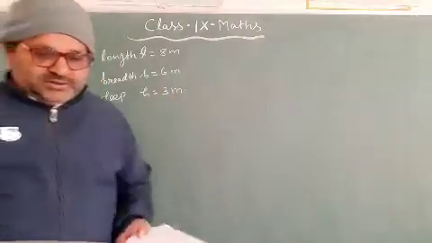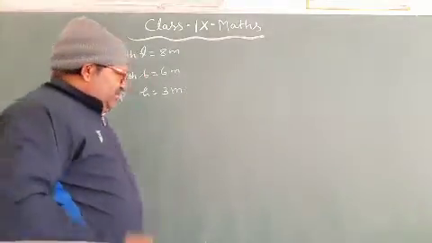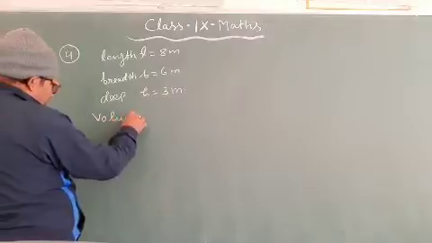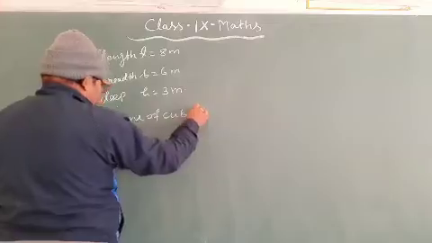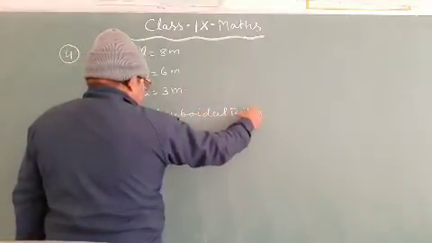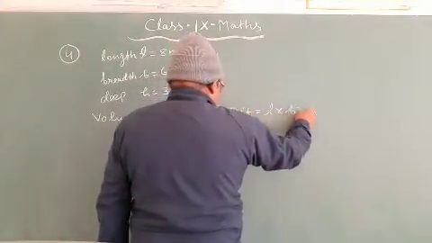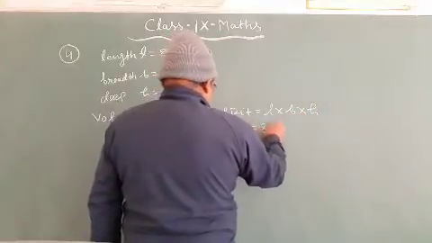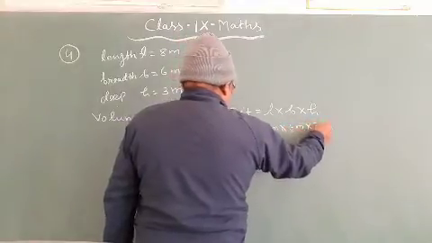So the volume of cuboidal pit equal to L into B into H, that equals 8 meter, 6 meter and 3 meter.